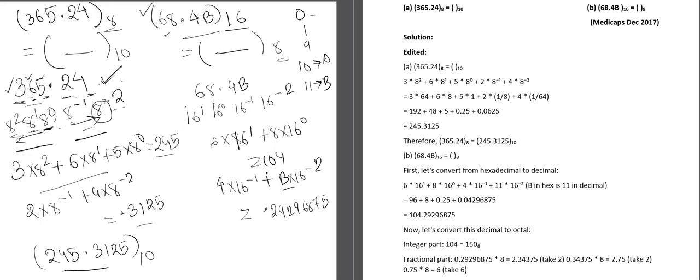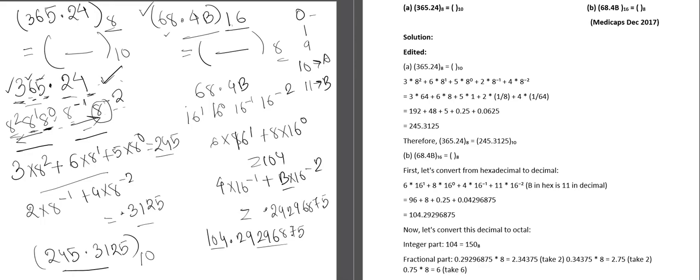Now the decimal equivalent is the combination of these two numbers, which is 104.29296875.